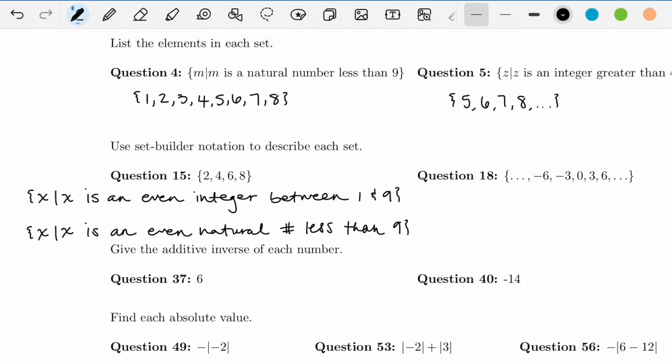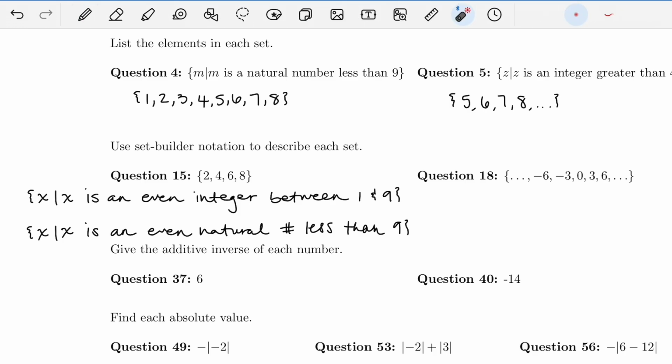This also describes our set because we know our natural numbers are 1 through infinity, so all positive numbers not including 0. If we say even natural numbers, that's exactly what these are, and then we're limiting this set to numbers that are less than 9. So that exactly describes this set.